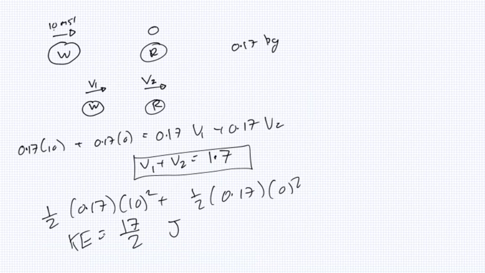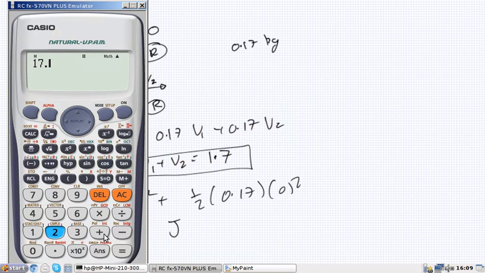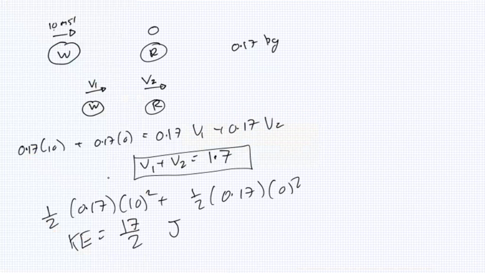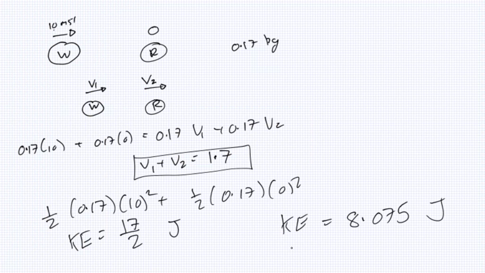5% of it is lost to heat. So that means 17 divided by 2. We have 95% left after the collision takes place. So 8.075. So afterwards we are reduced down to 8.075 joules. Then this is the afterwards picture.